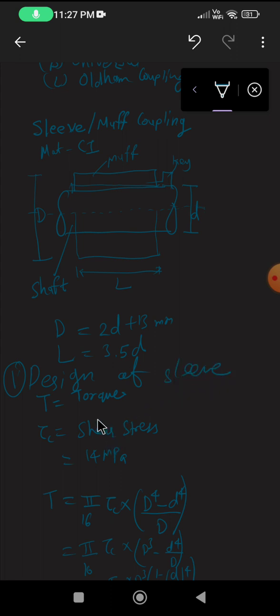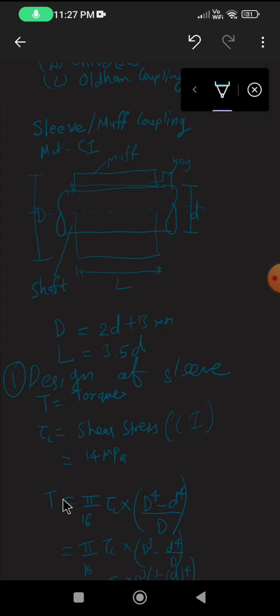Suppose torque T is to be transmitted with the help of this coupling. Now tau C is the permissible shear stress of the material of the sleeve, which is cast iron. The safe value of the shear stress for cast iron is generally taken as 14 megapascal.